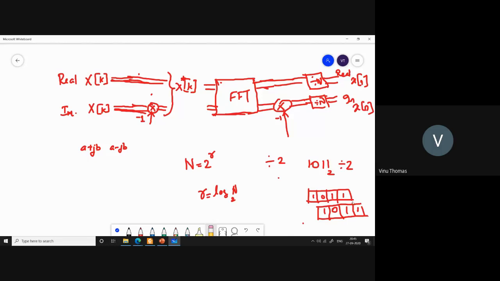Is it understood? Shift by 1 bit to the right. So to divide by 2, I only need to shift the register by 1 bit. Say for example, let me clear the screen and do this once again.